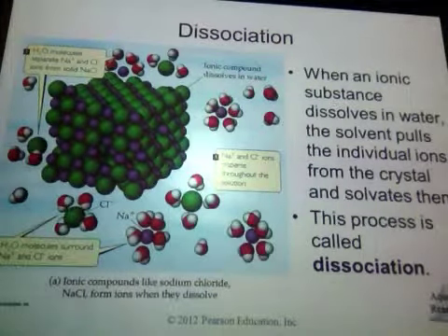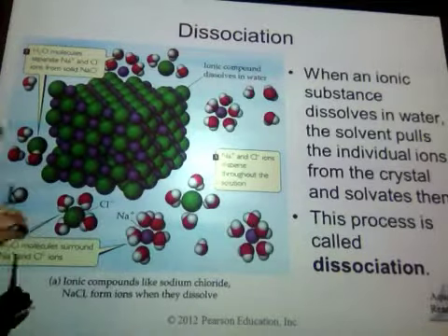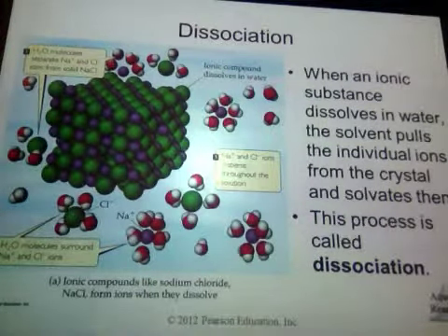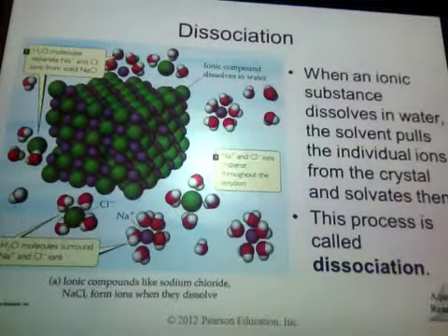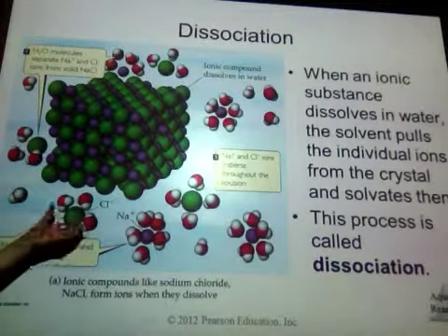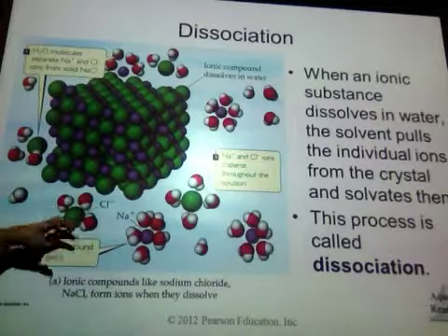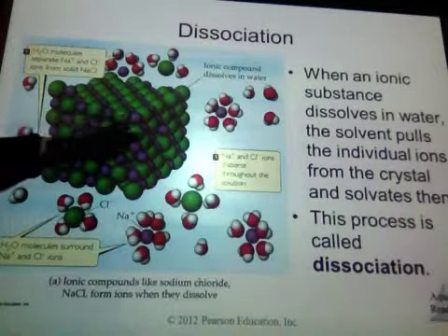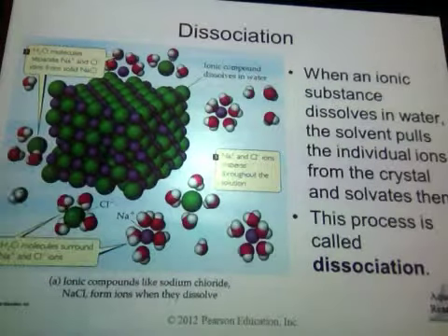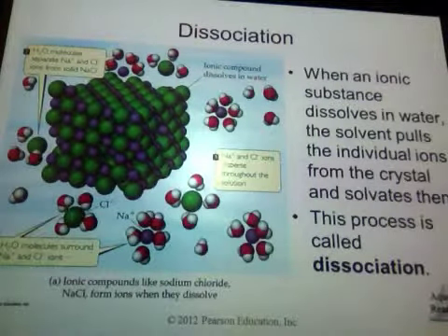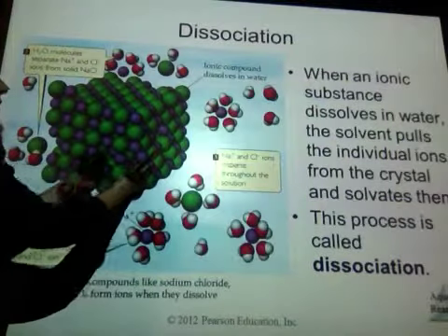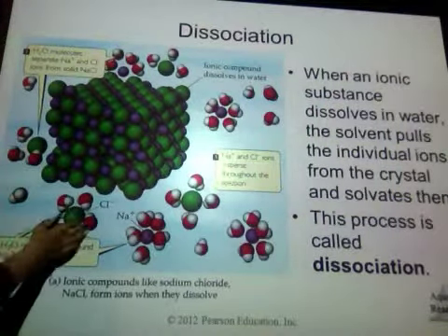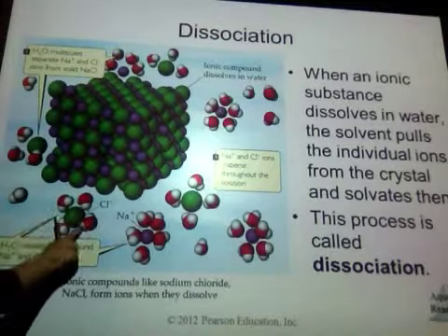Because water has that partial positive and partial negative charge, it has dipoles, remember? Because of that, it can attract the positive and negative charged ions in this lattice, in this crystal structure of sodium chloride. And because of that, it can pull those ions away from that crystal, and then the water molecules can surround those ions.